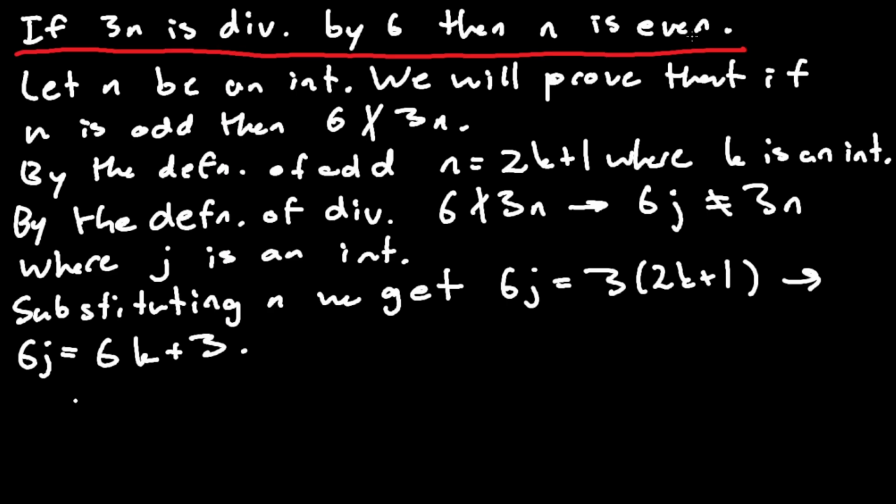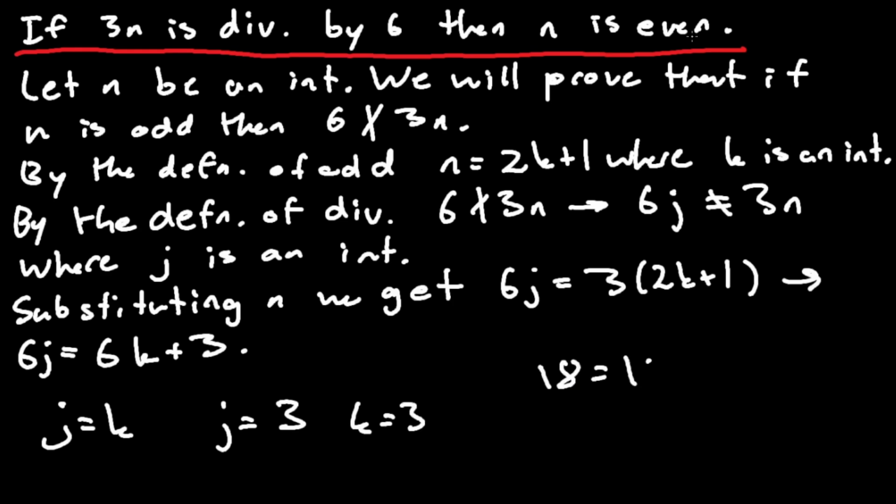Now, why would this never work? Well, this will never work because no matter what integer values you put into k and j, you add 3. So if j and k are equal to each other, let's give an example, j is equal to 3 and k is equal to 3, we get 18 is equal to 18 plus 3.